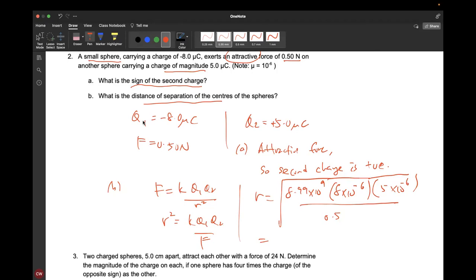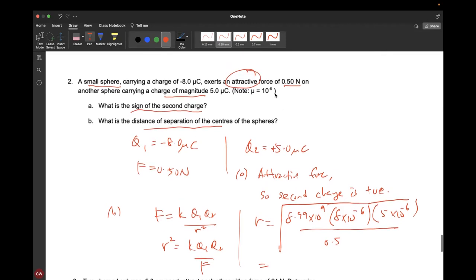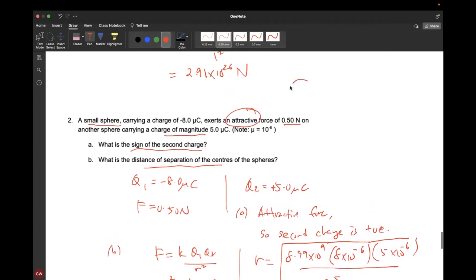Why is Q1 positive? Attractive force, because it says that the first charge is trying to attract the second charge. The first one itself is negative. If it's attracting, the second one has to be positive to be attracted.